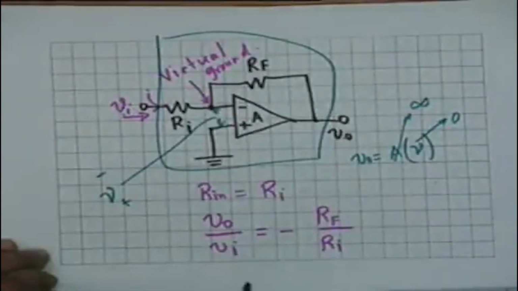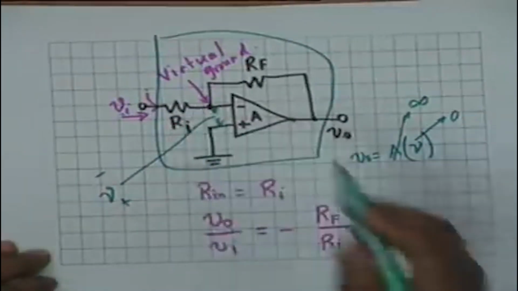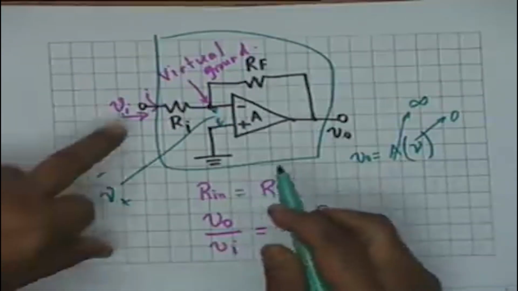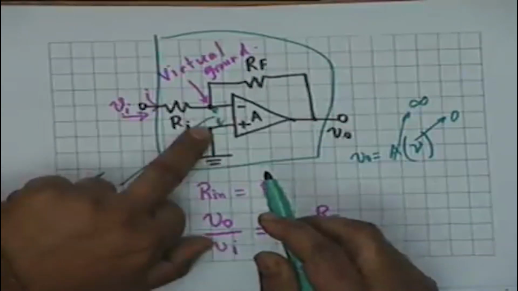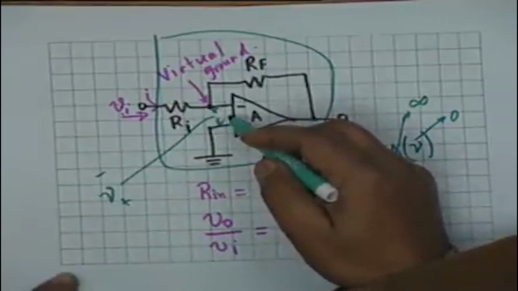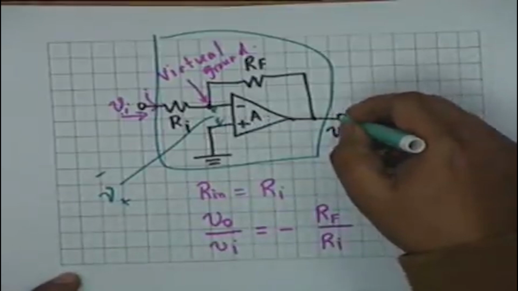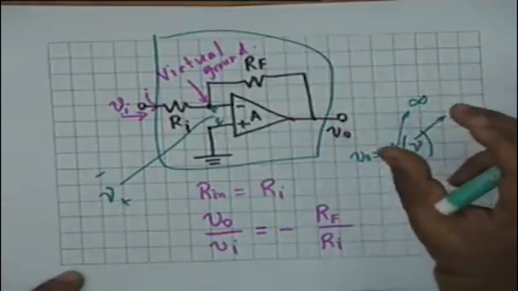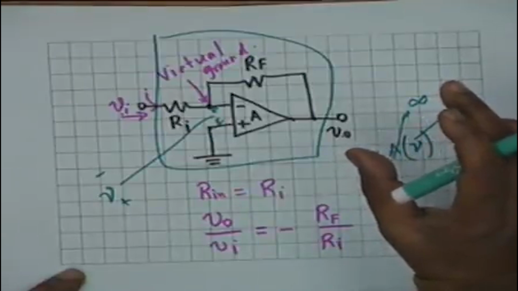So what will happen if in the inverting configuration we don't have an external resistance? We don't have Ri. Then the gain shall be infinite. What happens then? If Ri is not there, Vi is applied directly at the input terminals of the op amp, which means that if it is multiplied by A, which goes to infinity, your V0 shall go to infinity. But as I said, V0 in a practical op amp cannot go to infinity. It is limited by the power supply.